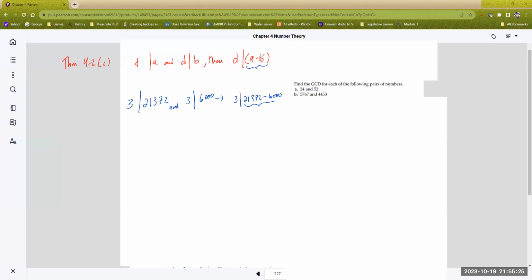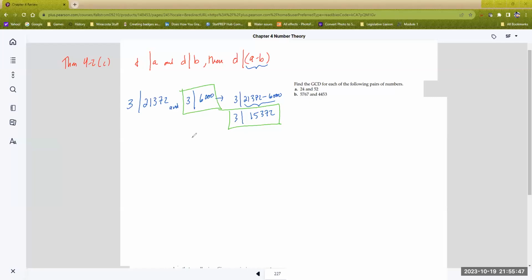Okay, but that result is a new number. So when you see A minus B, that result is a new number, and it's typically smaller than A. In this case, it becomes 15,372. So now we could start this process again and say, now I know 3 divides 15,372, and I know 3 divides 6,000.